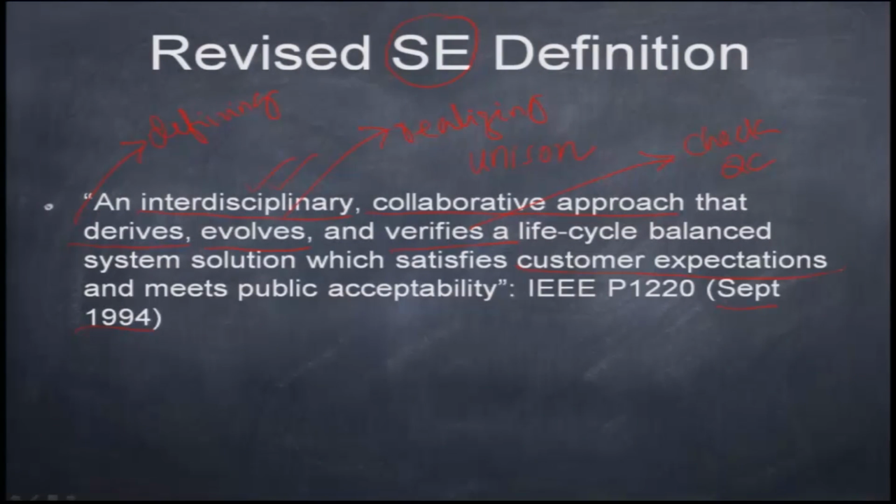So, you take the customer expectations, and from there you derive the parameters, then from there you evolve the system design, and from there you verify that the evolved system design meets the defining parameters of the customer expectation. And this concept of public acceptability was also included at that time.